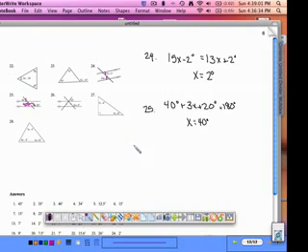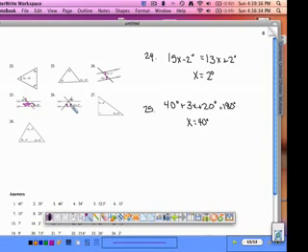Take a look at problem 26. We have parallel lines and an isosceles triangle with two sides marked congruent. That means that these two angles are congruent. Since the lines are parallel, corresponding angles are congruent. So this angle is congruent to 45 degrees.